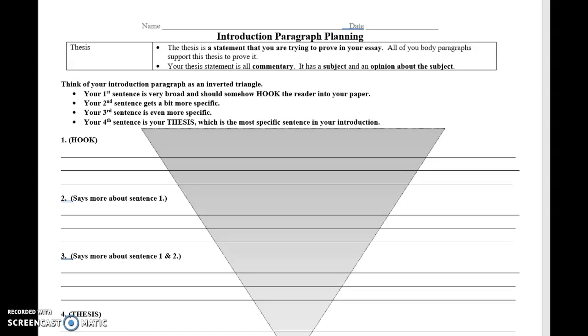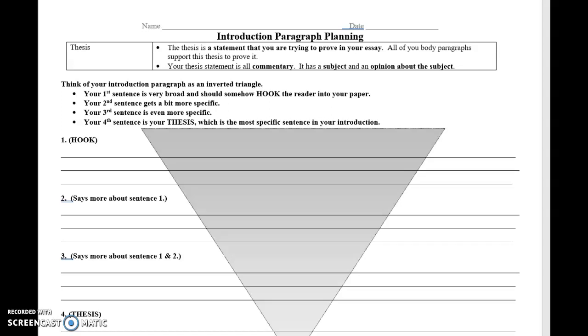Okay? Your first sentence is the hook. It's broad, it's the broadest sentence of your paragraph. It should maybe mention your topic, not your position, nothing like that. Just very broad. And sometimes your hook doesn't even mention your topic. I'll show you what that is.